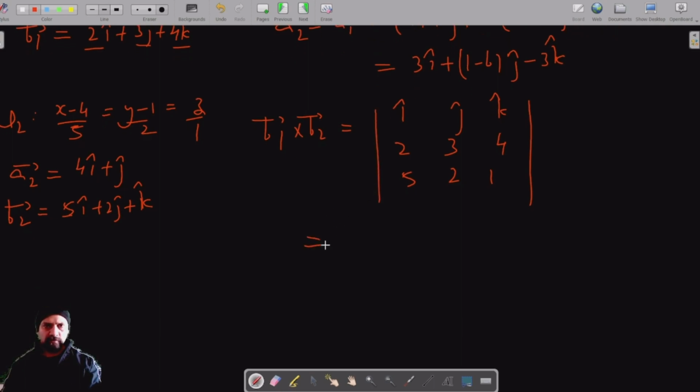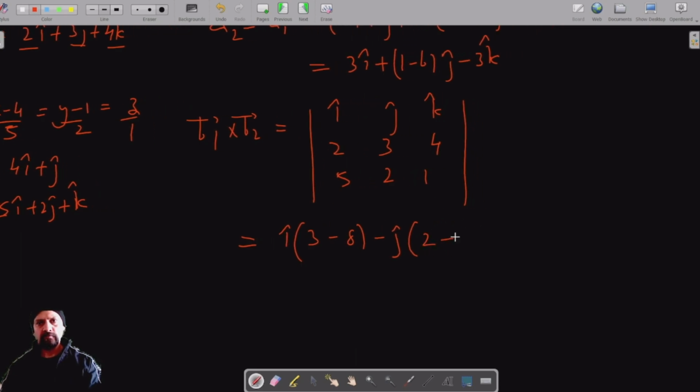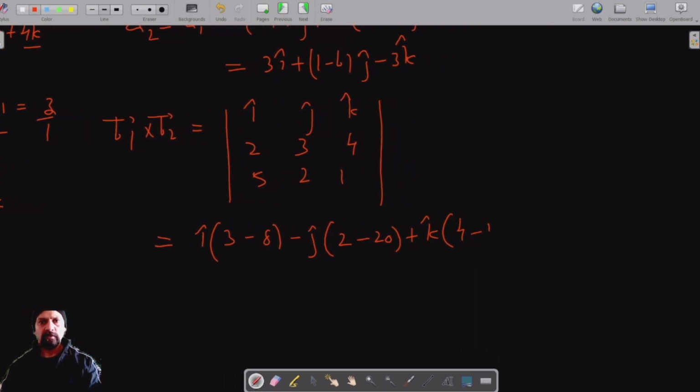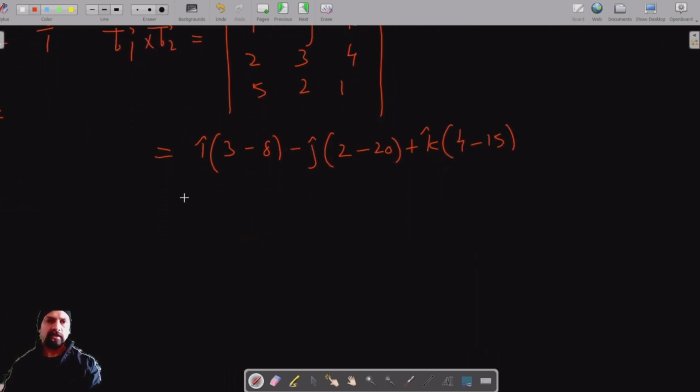So b1 cross b2 is i cap times (3 minus 8), minus j cap times (2 minus 20), plus k cap times (4 minus 15). This is minus 5i cap plus 18j cap minus 11k cap.